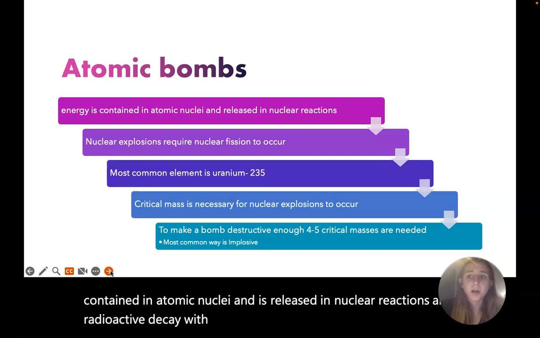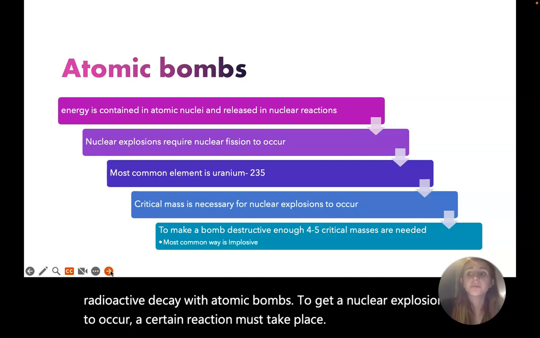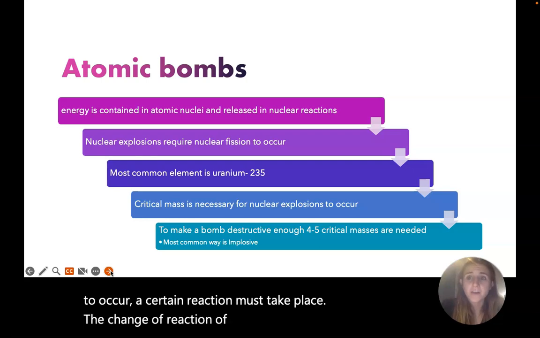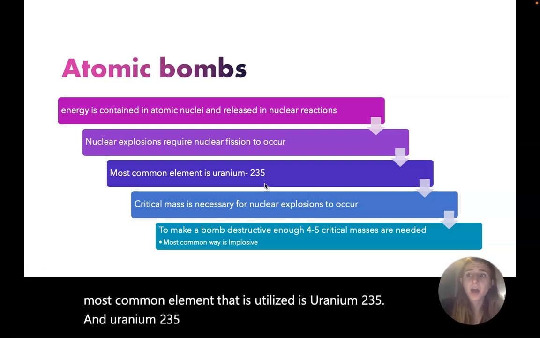With atomic bombs, to get a nuclear explosion to occur, a certain reaction must take place. The fission reaction of heavy nuclei must occur. The most common element that is utilized is uranium-235, and uranium-235 is an isotope. Isotopes are different types of one element.